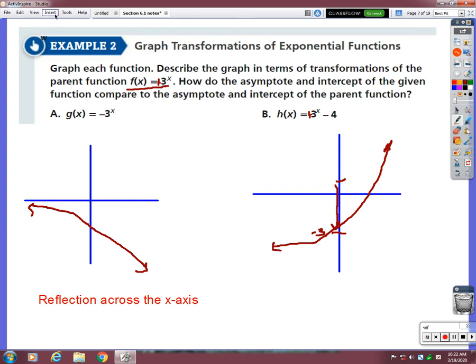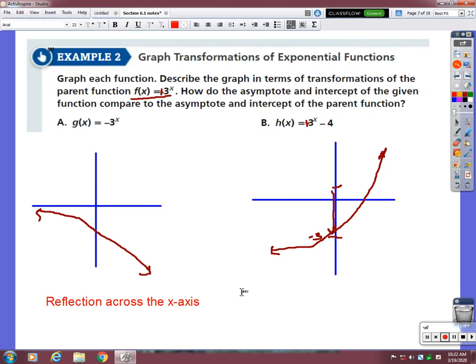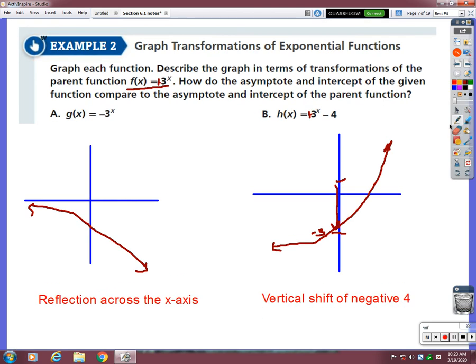Okay, so we would describe this as a vertical shift of -4. Or for those of you that like to use fancy pants language, you could just say down 4.